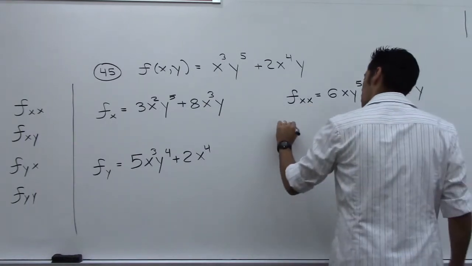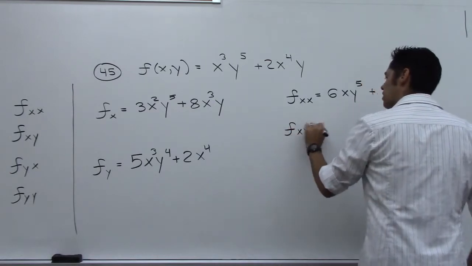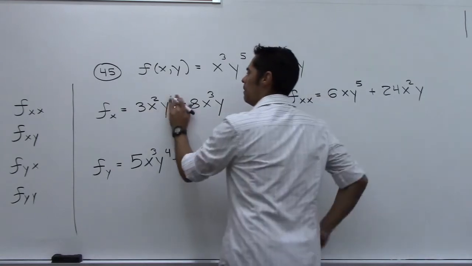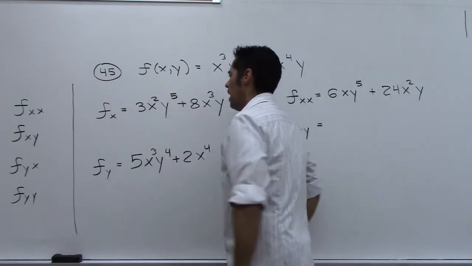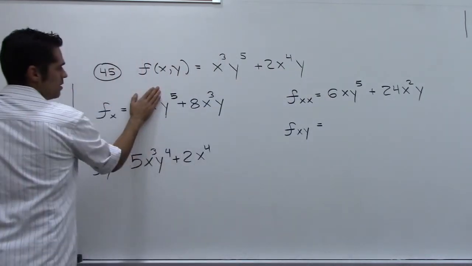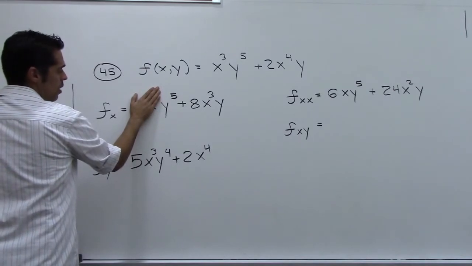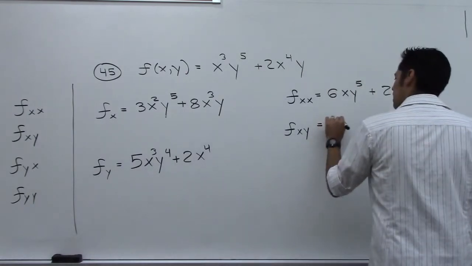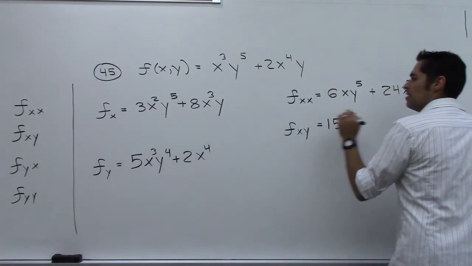Let me do partial of f with respect to x, then y. So start with this and then take the derivative of this with respect to y. This time, x is a constant, so cover this up. Derivative of y to the fifth is 5y to the fourth. The 5 comes out, hits this, so we'll have 15. The x squared stays there.